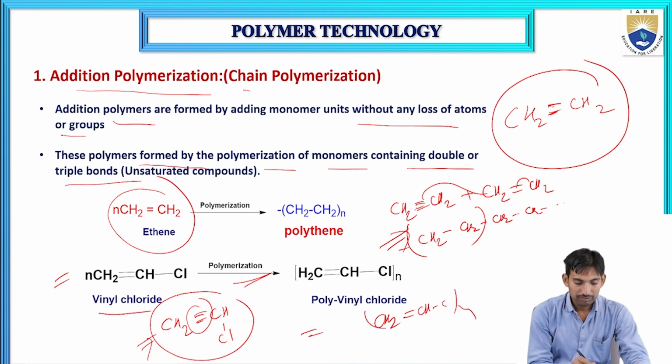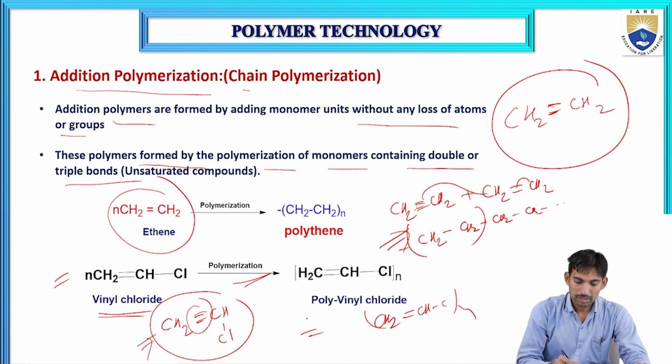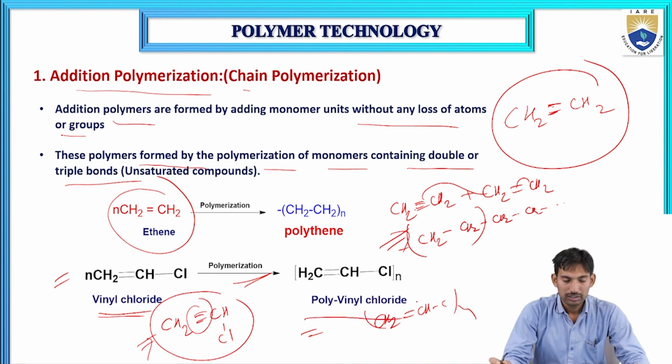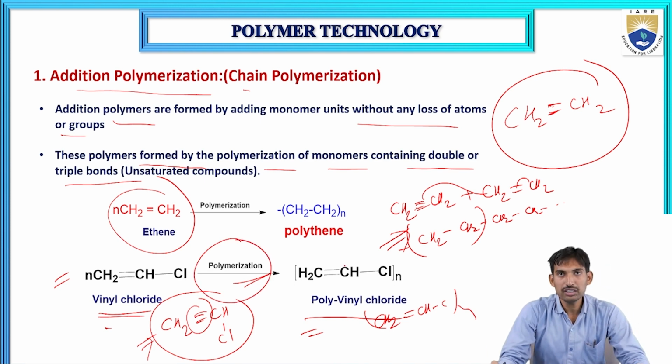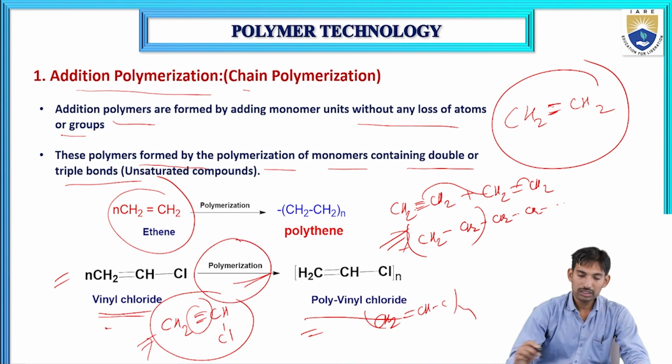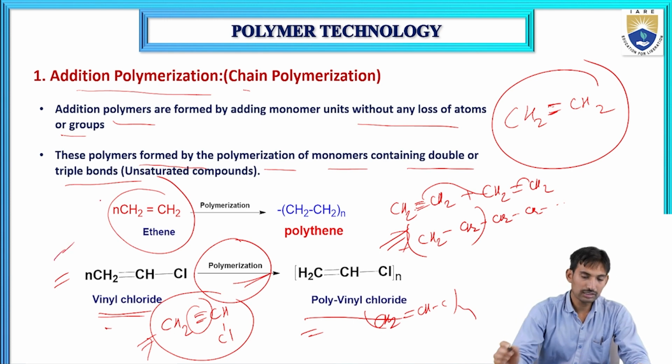The vinyl chloride monomer is repeated several times in this polyvinyl chloride polymer. Here there is no loss of atoms or groups, so it is an example for addition polymerization.